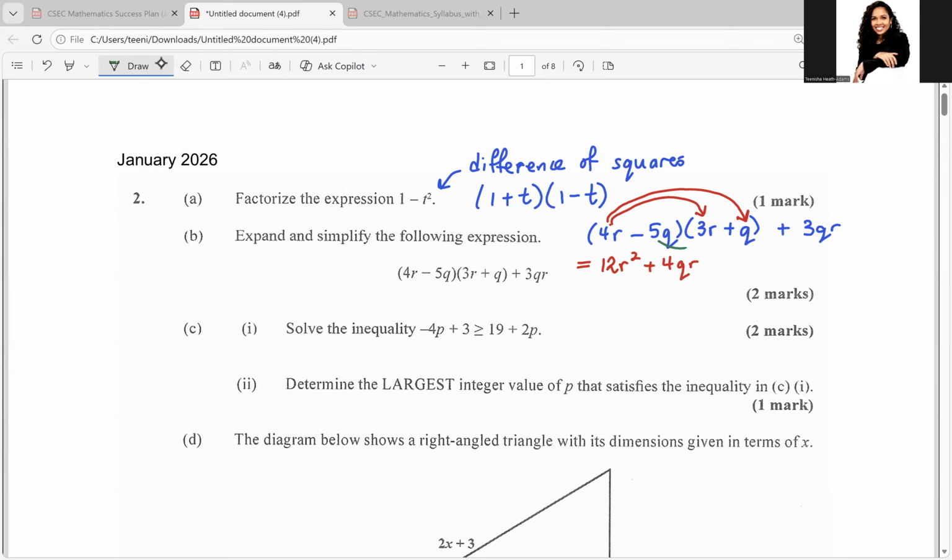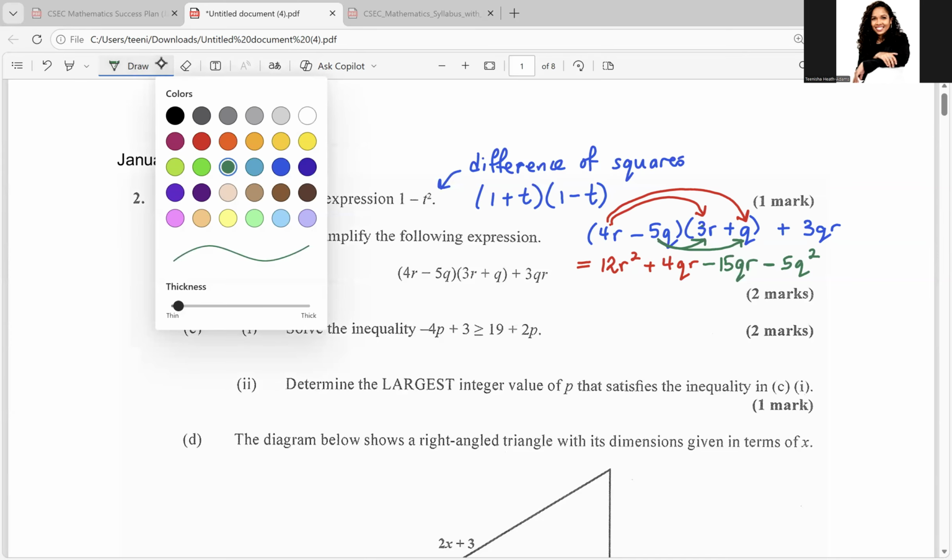So negative 5q times 3r, which will be negative, well, 5 times 3 is 15, and q times r is qr. And then, again, negative 5q times q. A negative by a positive is a negative, and 5q times q will be 5q squared.